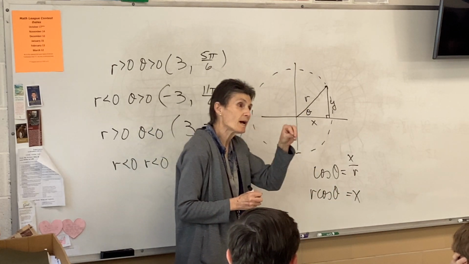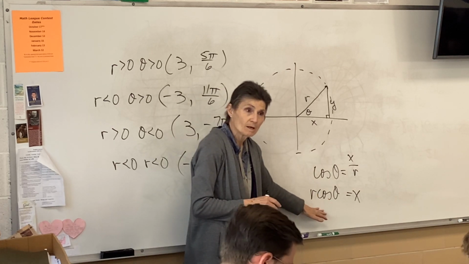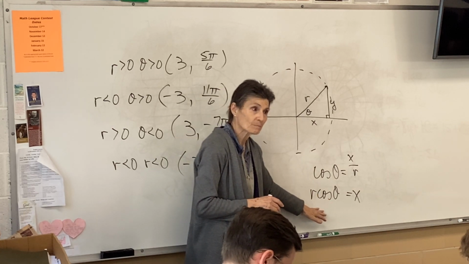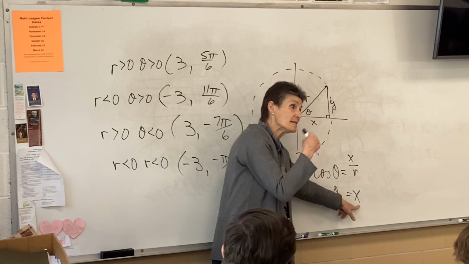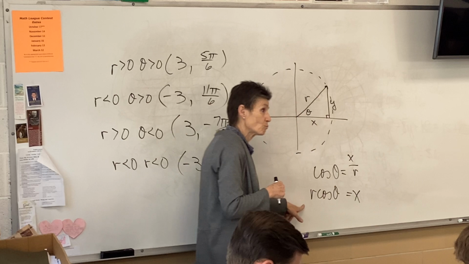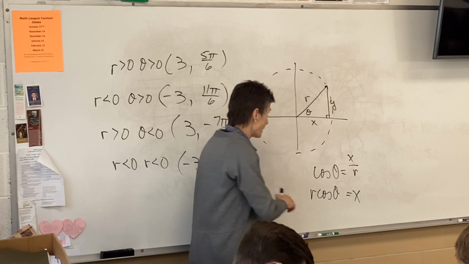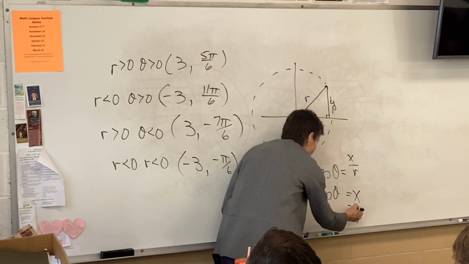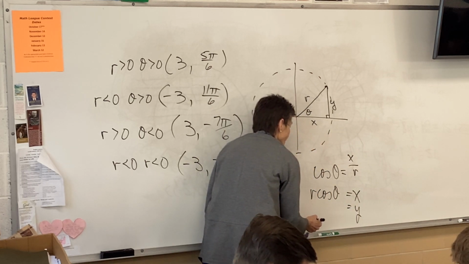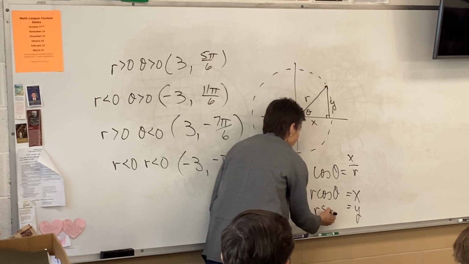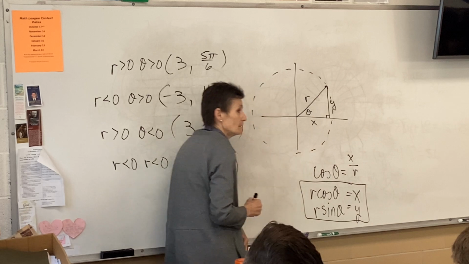So every time you see an x, you can replace it with r cosine theta. Now wait, x is rectangular. If I need it to be polar, then I just rewrite it as r cosine theta. What about y? What does y equal? R sine theta. Thank you. Right there, you go.